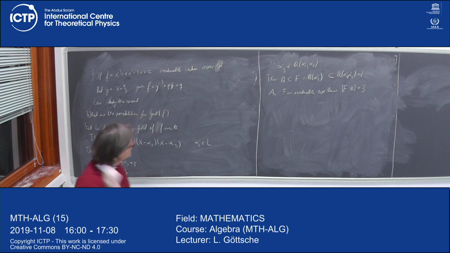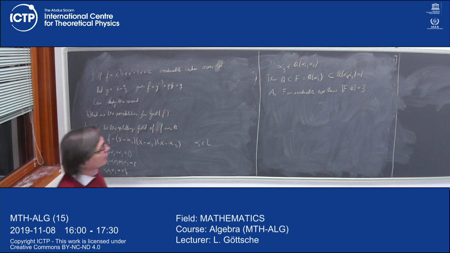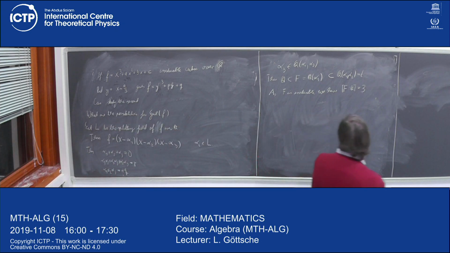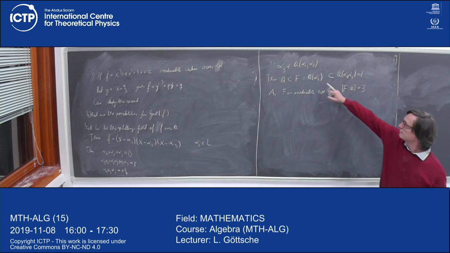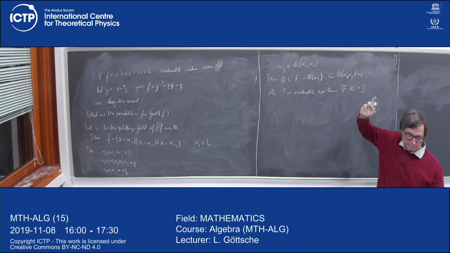So the first extension has degree 3. And now there are obviously two possibilities: either these two are equal or they're not.